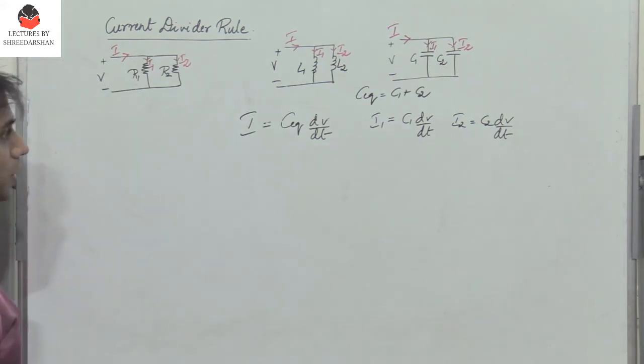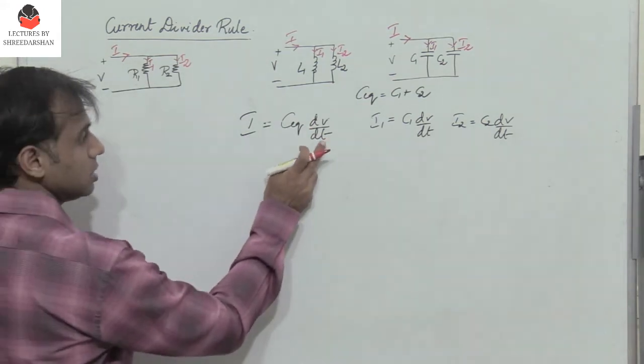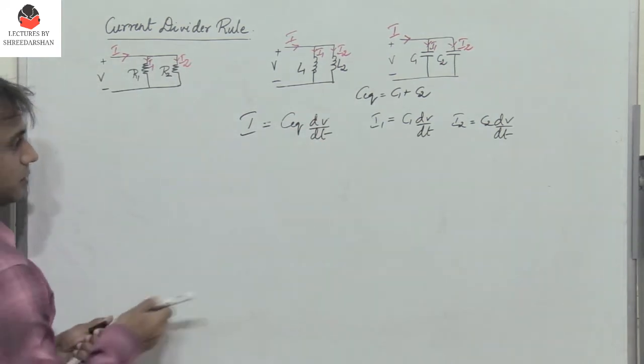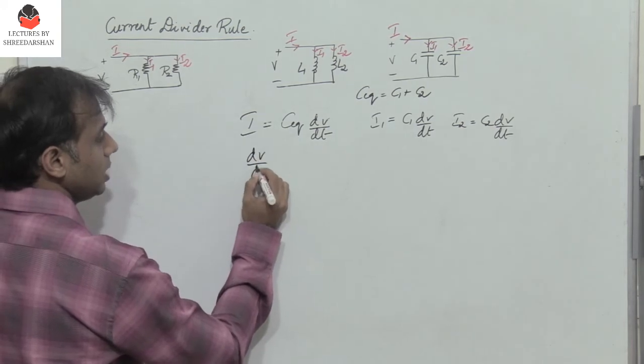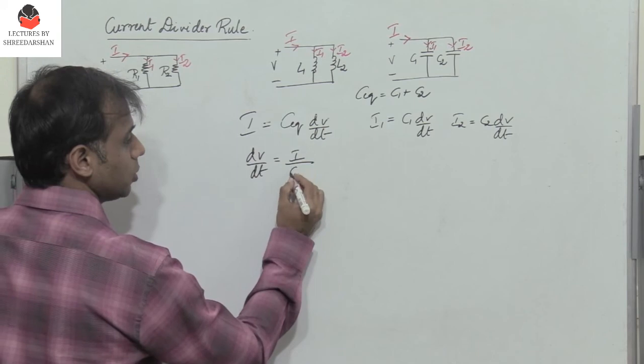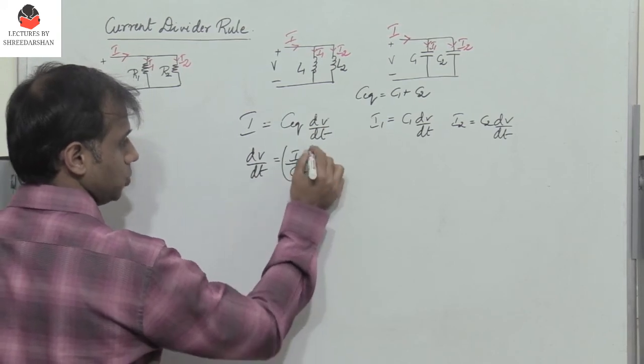So therefore, what is dV by dt? In this expression, dV by dt is nothing but I divided by C equivalent, which is C1 plus C2.